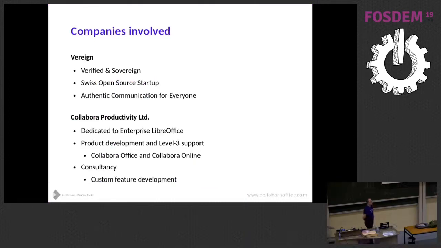So just a quick introduction about the companies involved. You probably have heard about Collabora Productivity Limited. A lot of presenters gave talks in this dev room. The other company, Vereign, is the mosaic word of verified and sovereign.